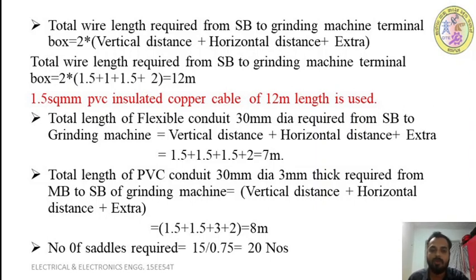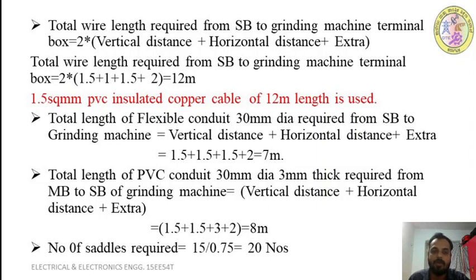So what is the total length of the cable required for the connection of your grinding machine from the starter board or switchboard? That is equal to 2, because here it is a single phase, we require only 2 wires, phase and neutral, into vertical distance plus horizontal distance plus extra.